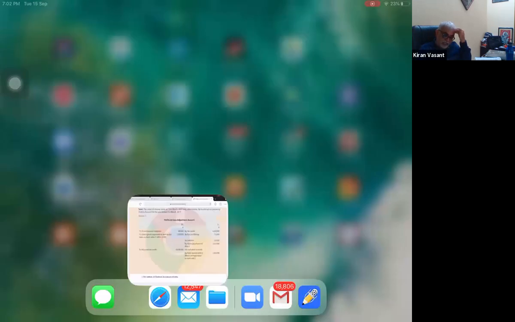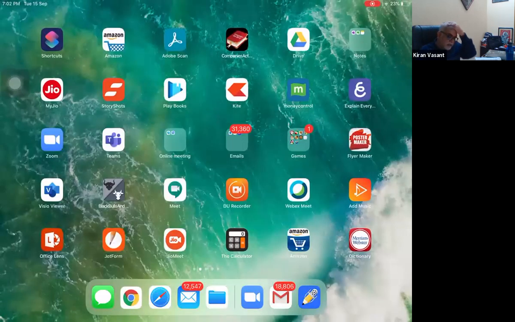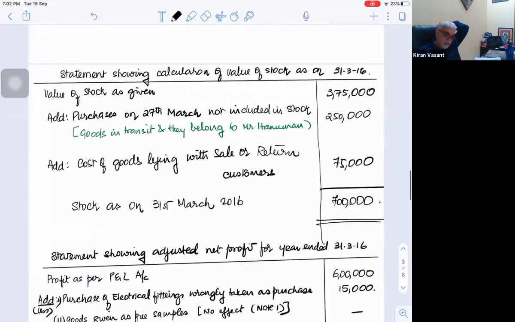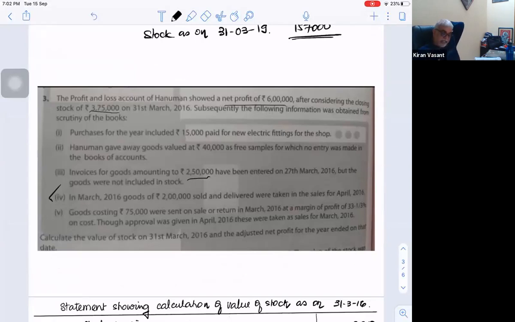Let me come back to our question. Let's see what the wordings are. Goods costing 75,000 were sent on sale or return. Oh, I made a mistake. See, when we send goods on sale or return basis, there are two things that we need to do.